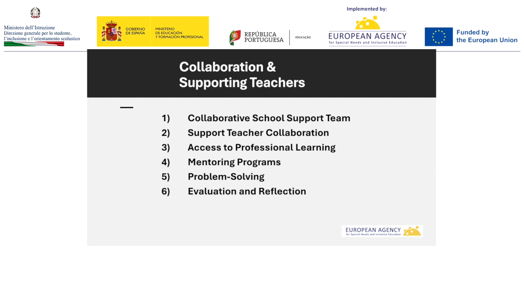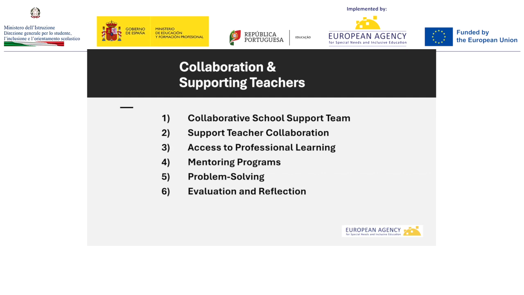That there's a support teacher collaboration process. Now, in some places, they call these people resource teachers or support teachers or inclusion facilitators. We'll talk more about that in a minute. Number three, access to professional learning. That's an element that you see in a number of areas.